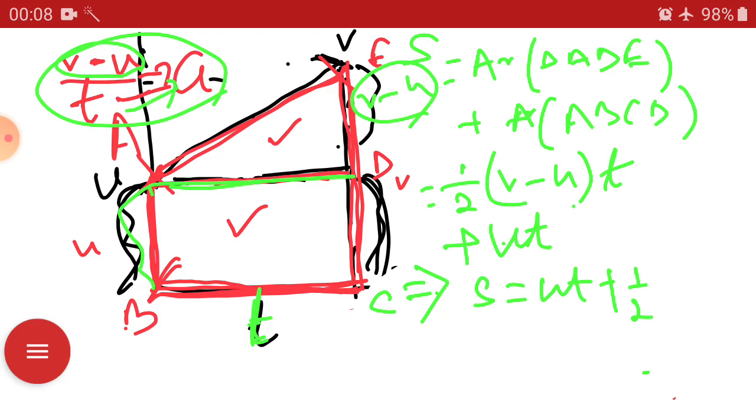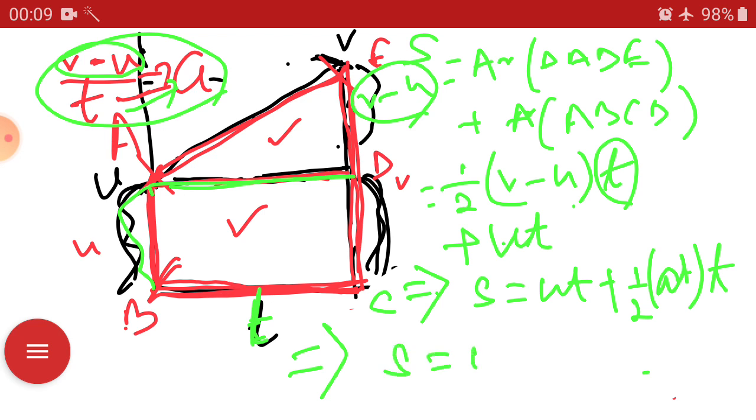So I will replace v minus u with at, and one t is there already, extra into t. Now you will get the third equation. So what is the third equation, or last equation? s is equal to displacement is equal to ut, where u is the initial speed, t is the time, ut plus half at square.